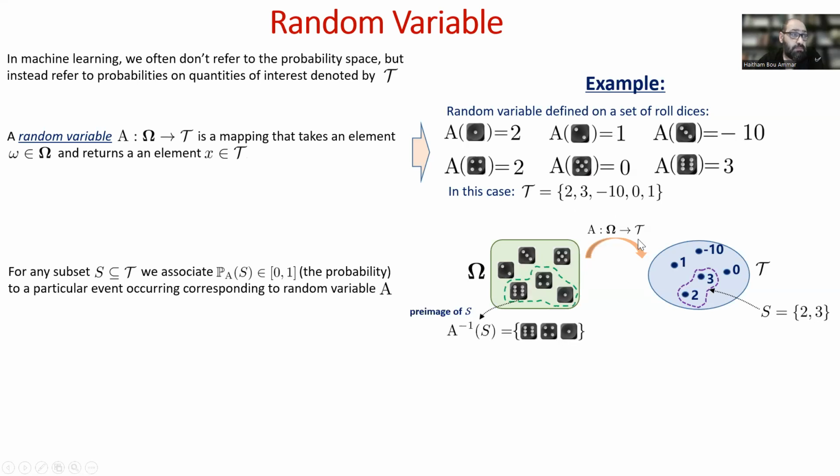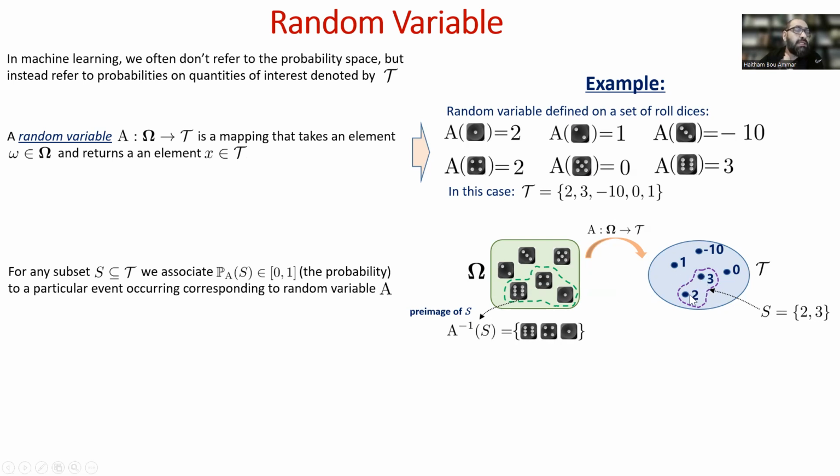Now, we call this the pre-image of S. The pre-image is the set of things in omega that will create my S, and they are going to be 1, 4, and 6. That will give me 2 and 3.